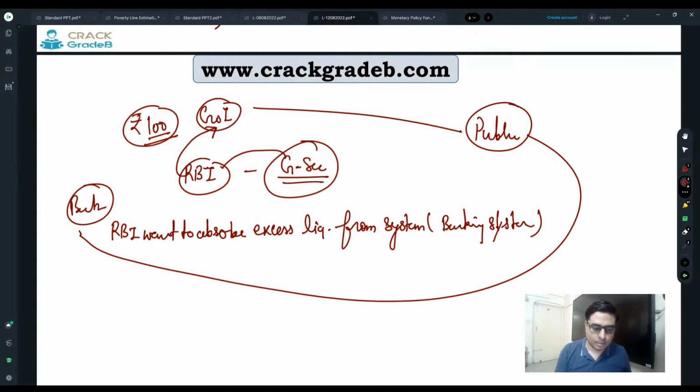So RBI has come up with a solution. What? The Standard Deposit Facility.